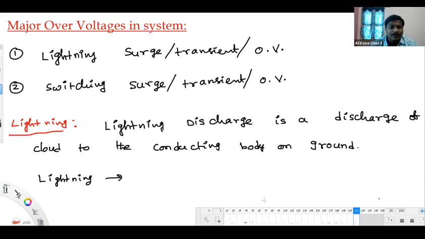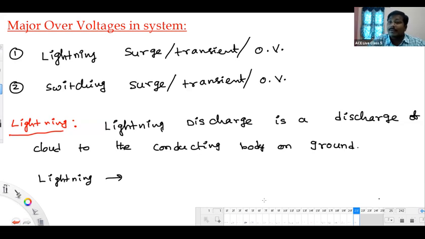Current, decided. Which form? Form in the sense, in what waveform? Is it a DC, sinusoidal, or any other waveform? In what waveform can you experience that current? Impulse. Why? Within a short span of time, maybe microseconds or milliseconds, a huge amount of charge is injected onto the conductor.